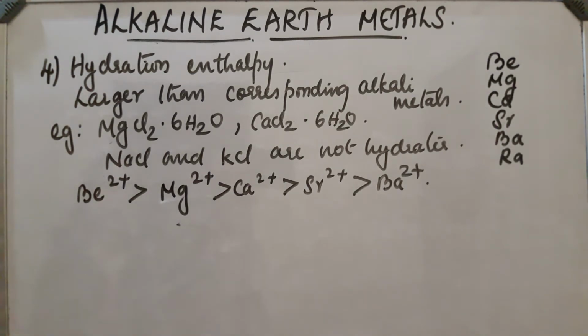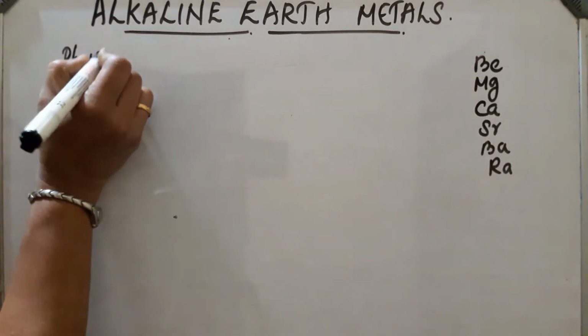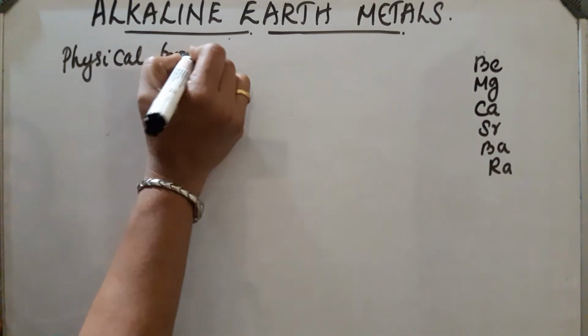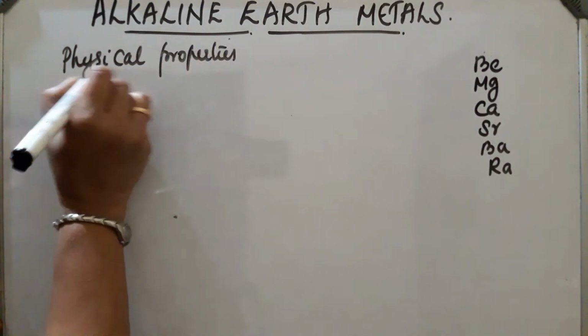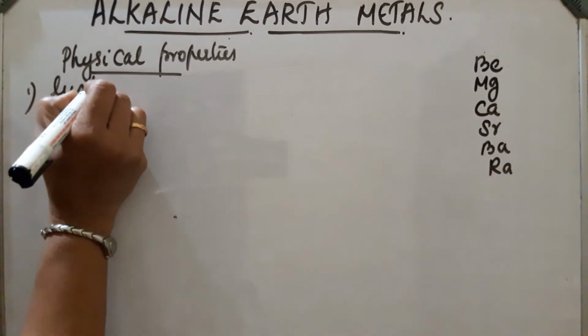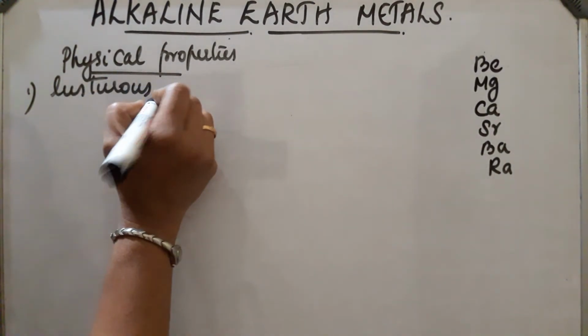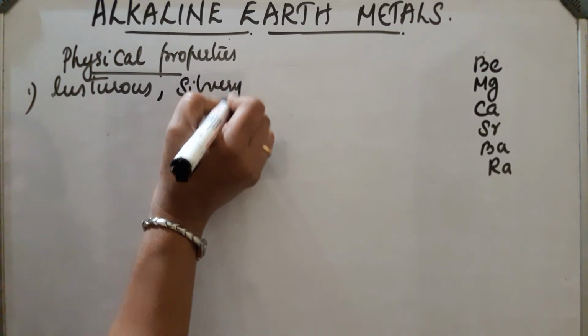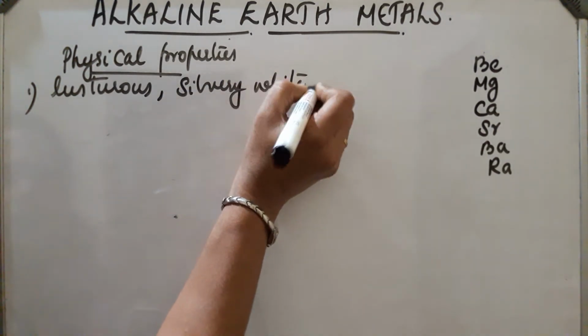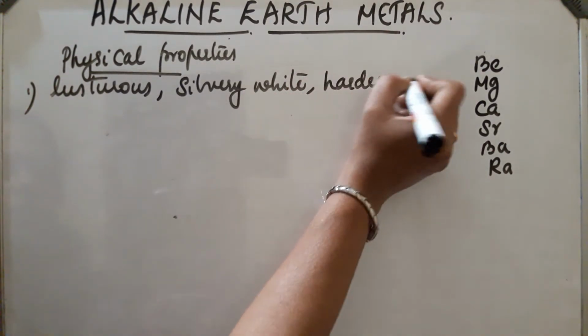Next, physical properties of alkaline earth metals. They are silvery white, lustrous, soft, but harder than alkali metals.